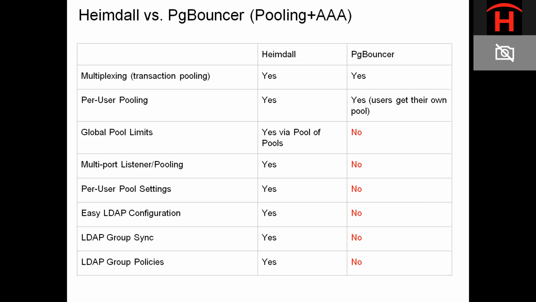Additional functionality in comparison with PG Bouncer is that Heimdall has a multi-port listener, so you can specify multiple ports, say port 5432, 5433, and 5434, and then you can actually change behaviors between different ports on an as-needed basis. So that would allow you to say, for example, have your users doing analytics or reporting connecting on port 5432.